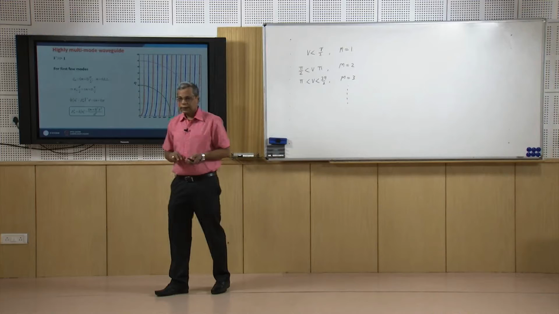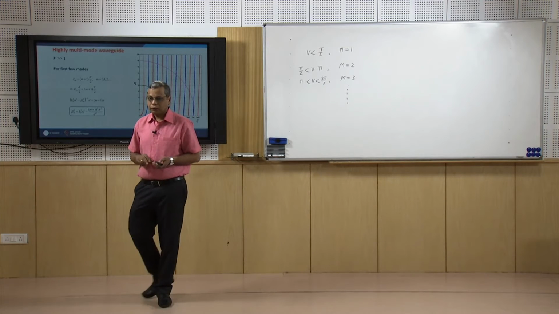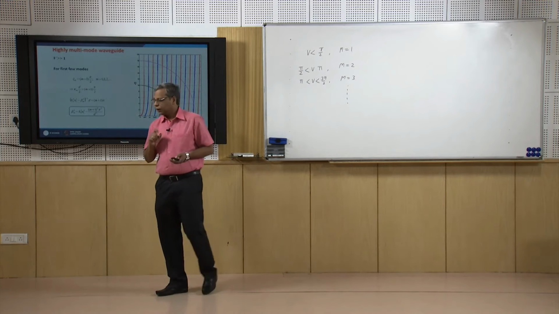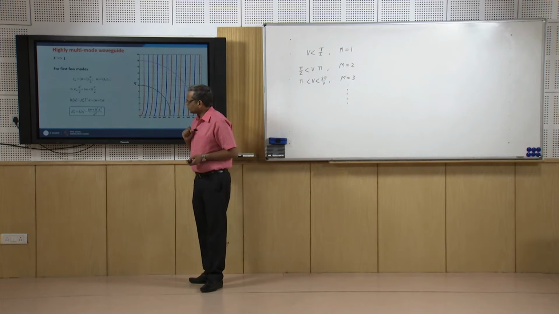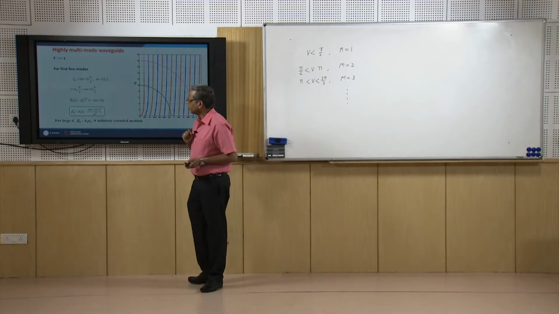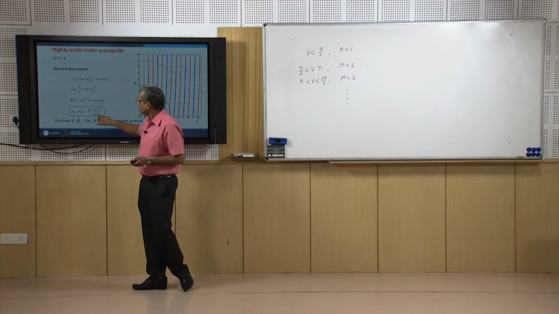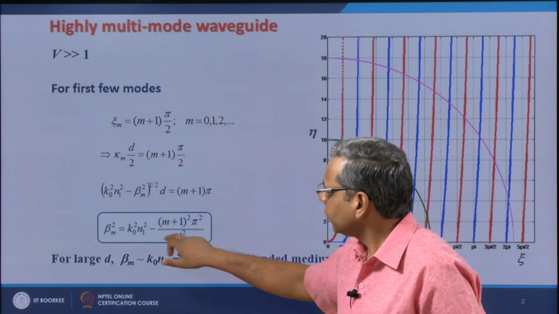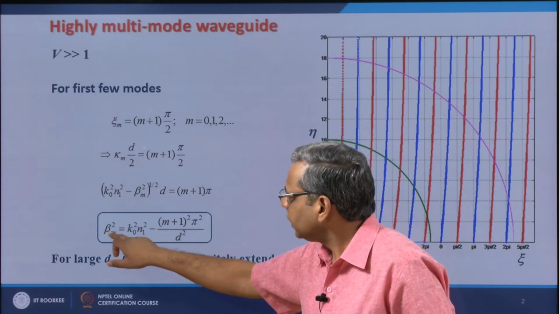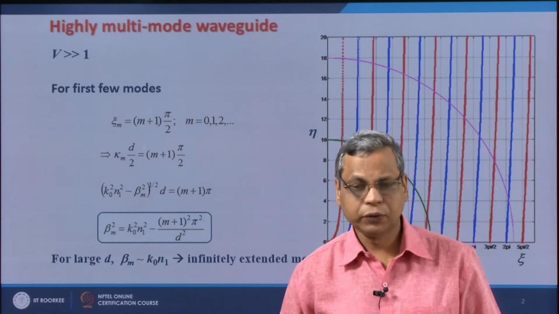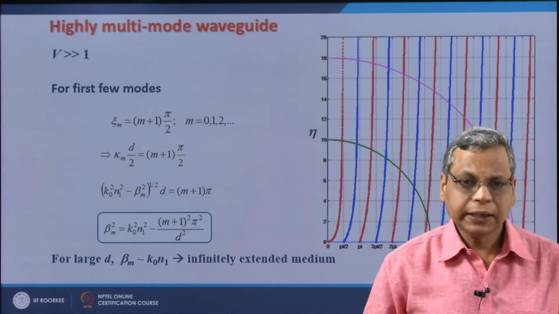Now, I can have large value of V by two ways. One is that if I have very large value of d, then you can see that beta m will approach to k naught n 1, and it is obvious.